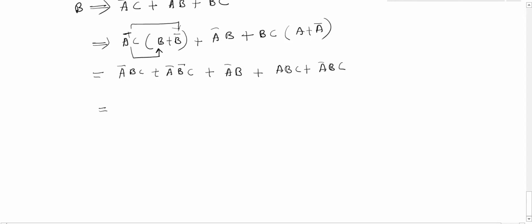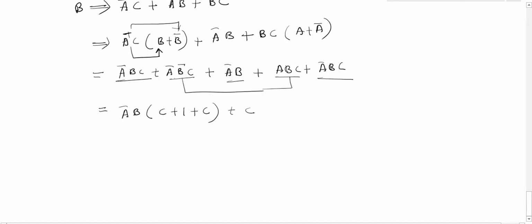Now I am going to rewrite the expression. Out of this, A bar B from this term and this term, I can take A bar B as a common and internally C plus 1 plus C, and from these two terms I am going to take C as a common, internally A bar B bar plus AB.